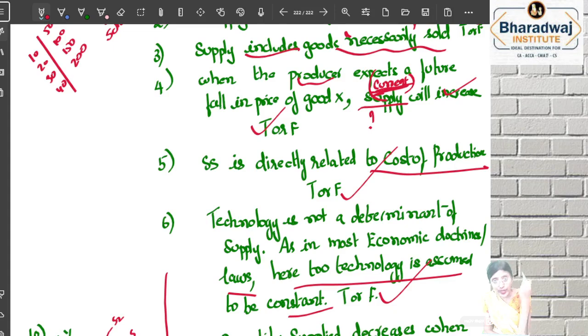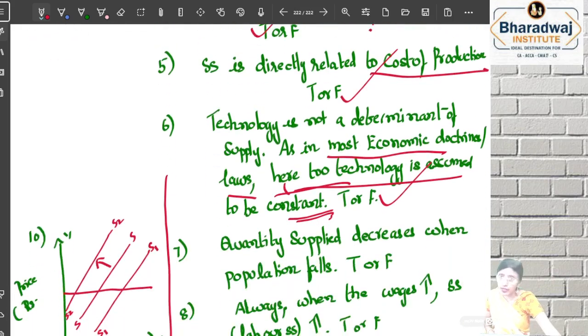Remember that. No need to hesitate, because without technology, how will I produce? At least for a consumer, it's a remote one. And here also, they will try to influence your answer, like in case of other economic laws, wherever there are certain laws of production, the state of technology is assumed to be constant. Like that, they will influence your answer, but technology is a major determinant of supply.